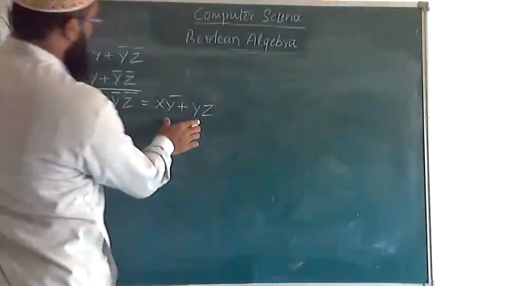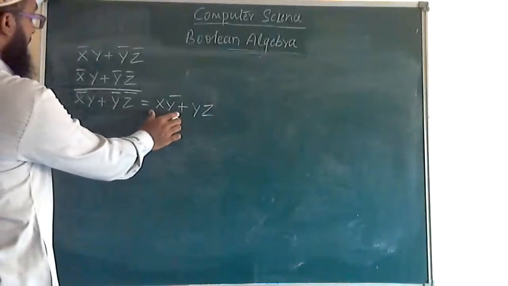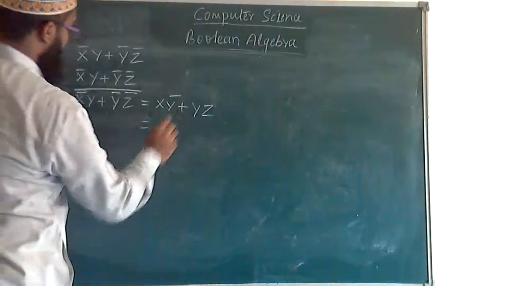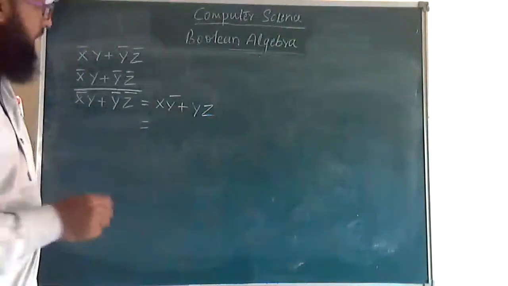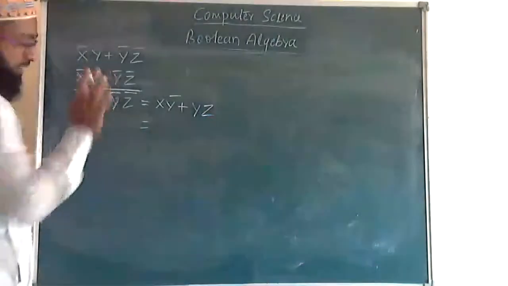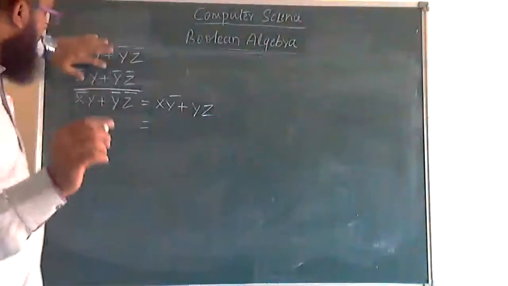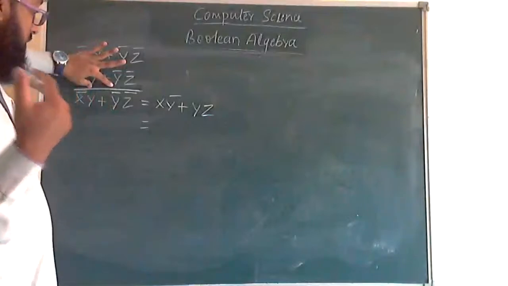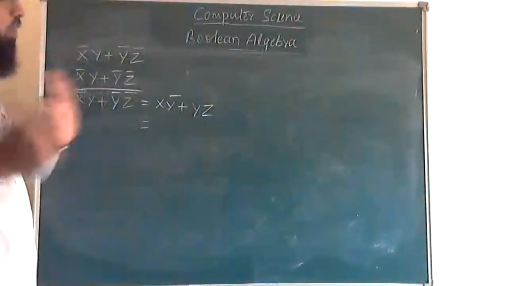Before applying the distributive law, we need to add these things. The first step is, according to De Morgan's law, complement the entire expression. Then we have got this.